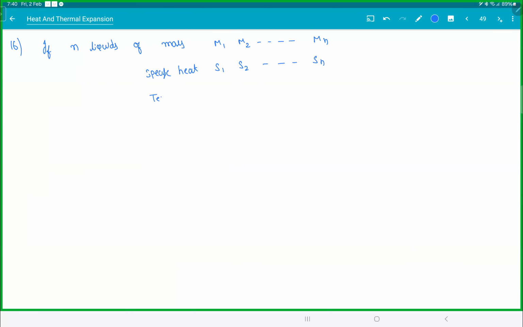Temperatures T1, T2, and so on till Tn. You mix all of them. What is the final temperature? How do you do this? N different liquids with different heats, different temperatures. Everything is different.